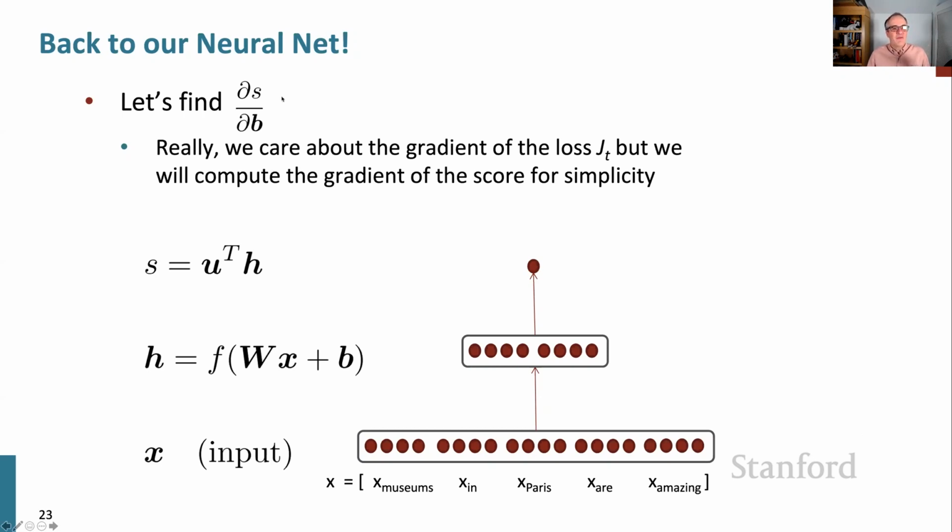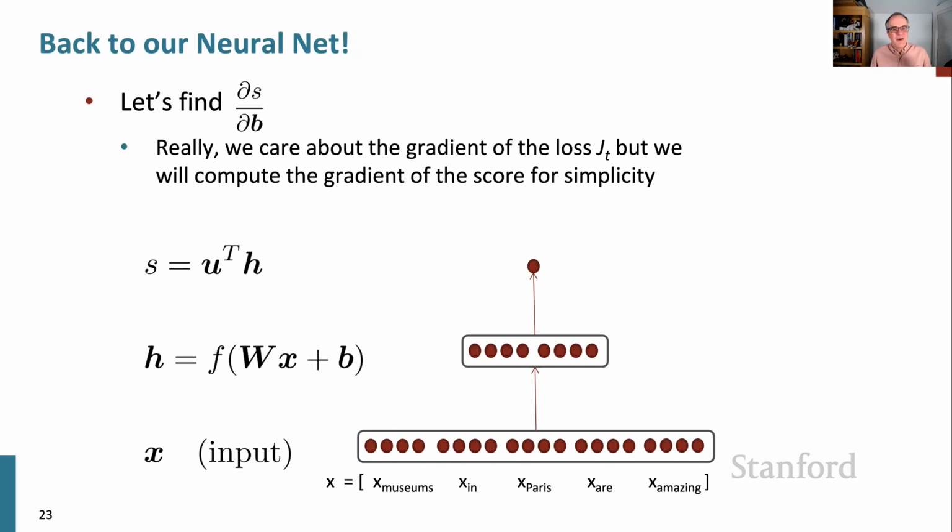So let's start off with a fairly easy one, where we want to update the bias vector B to have our system classify better. To be able to do that, what we want to work out is the partial derivatives of S with respect to B, so we know how to put that into our stochastic gradient update for the B parameters.